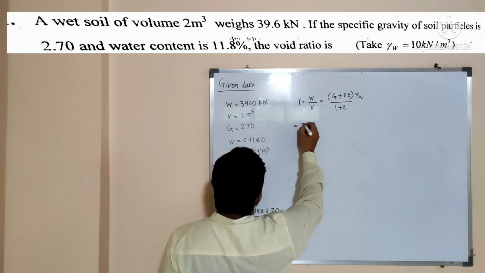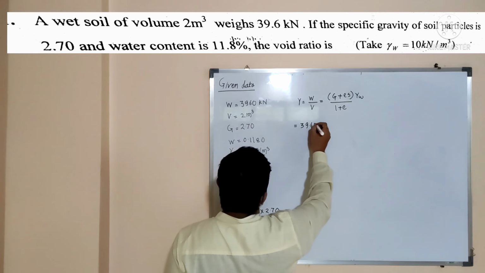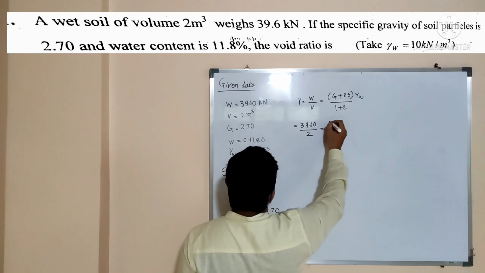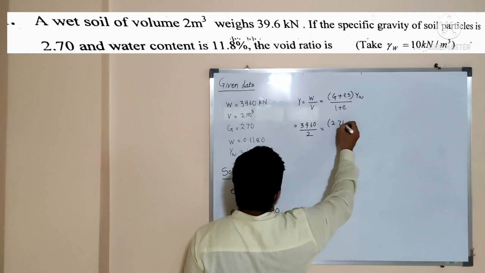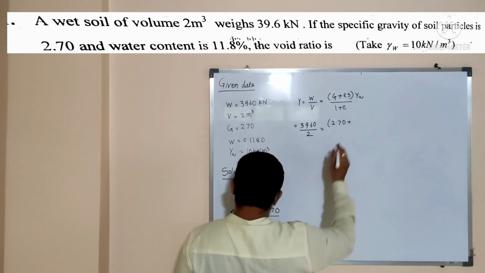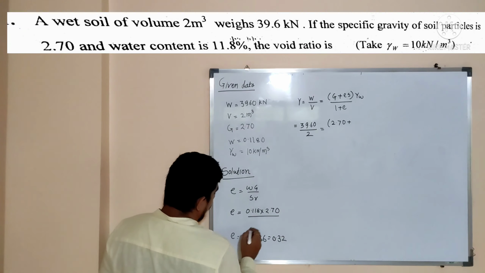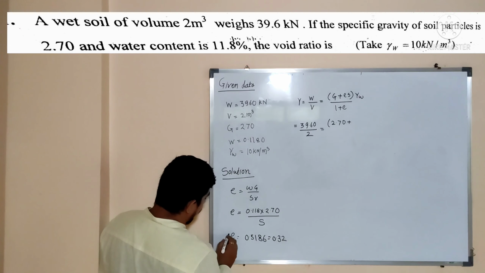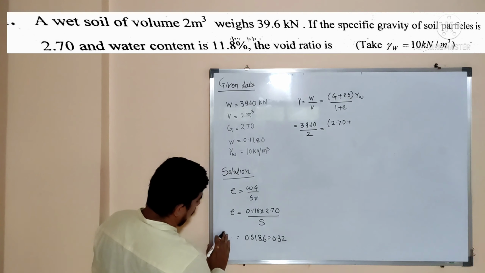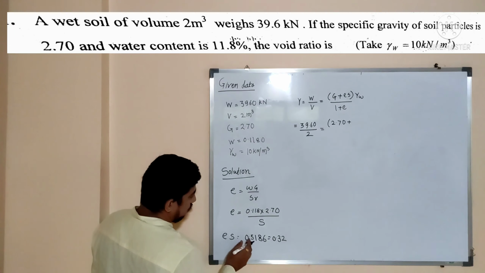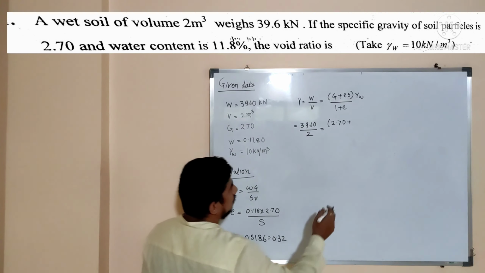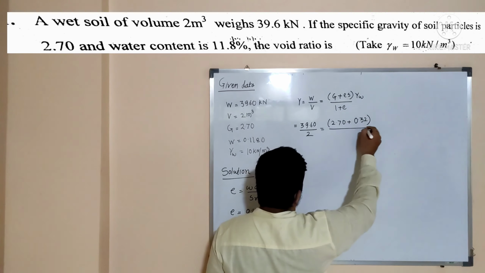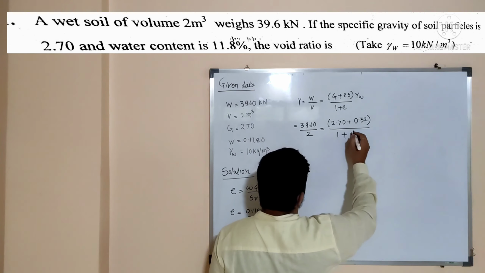Here weight is 39.60 kilonewton, volume is 2 meter cube, G is 2.70 plus eS, where eS will be 0.3186, that is 0.32, divided by 1 plus e.